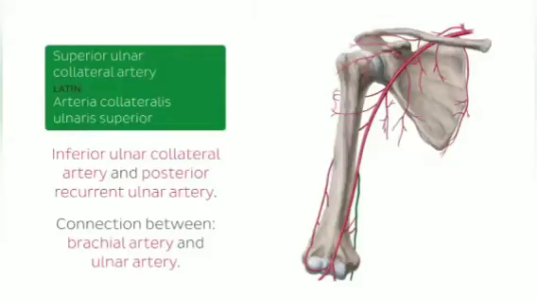Now that we learned the different arteries that will be supplying the shoulder and upper arm, it would make sense to have an idea of how the blood flows from the heart all the way to the tips of your fingers. This is a bit of connecting all the dots, connecting the different arteries that we just talked about. So your oxygenated blood is going to be pumped from the left ventricle into the main artery known as the aorta.